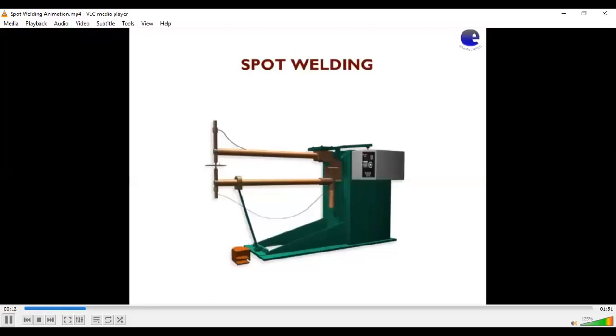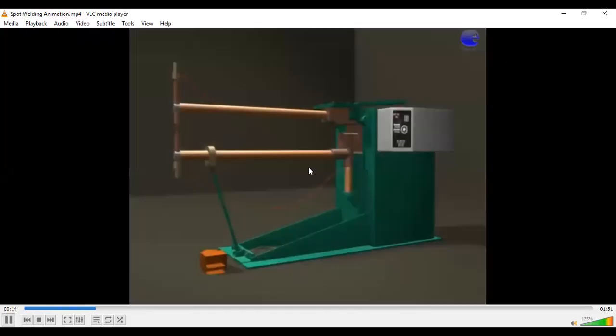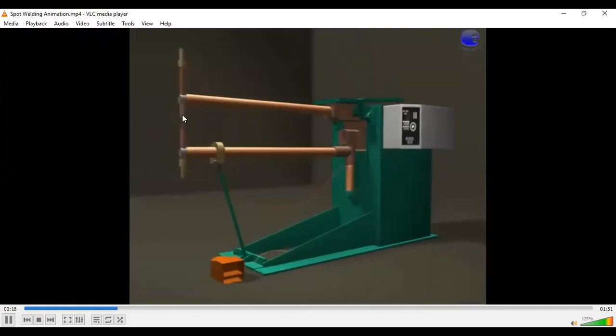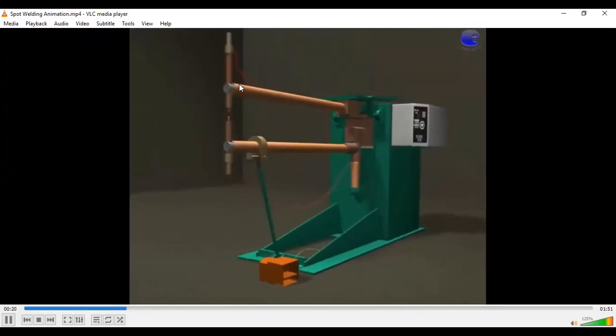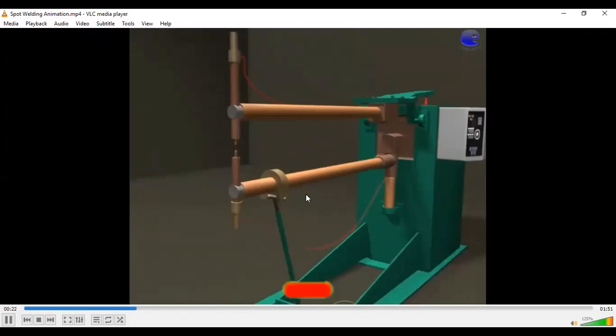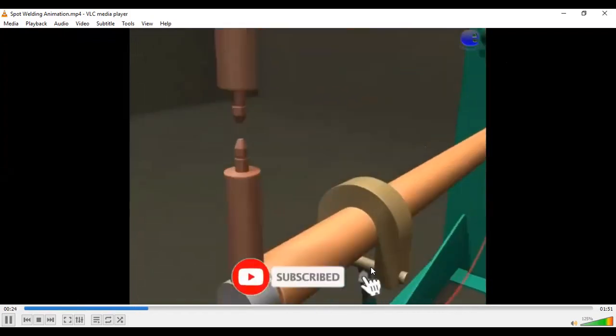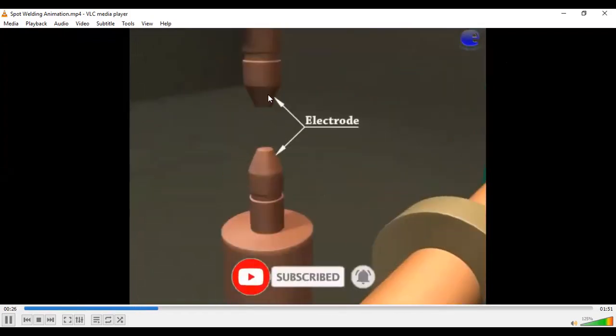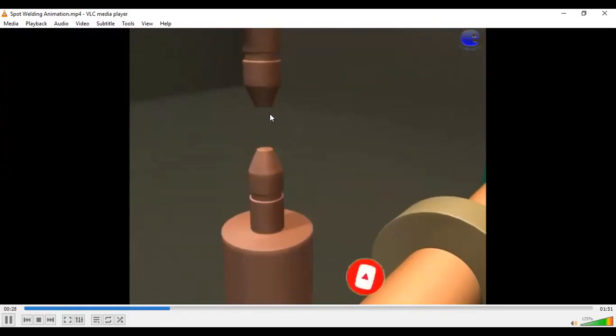So this is how a spot welding machine looks. This is a rocker arm which moves this upper electrode up and down. So these are the electrodes. You can see the structure of the electrode, how they look.